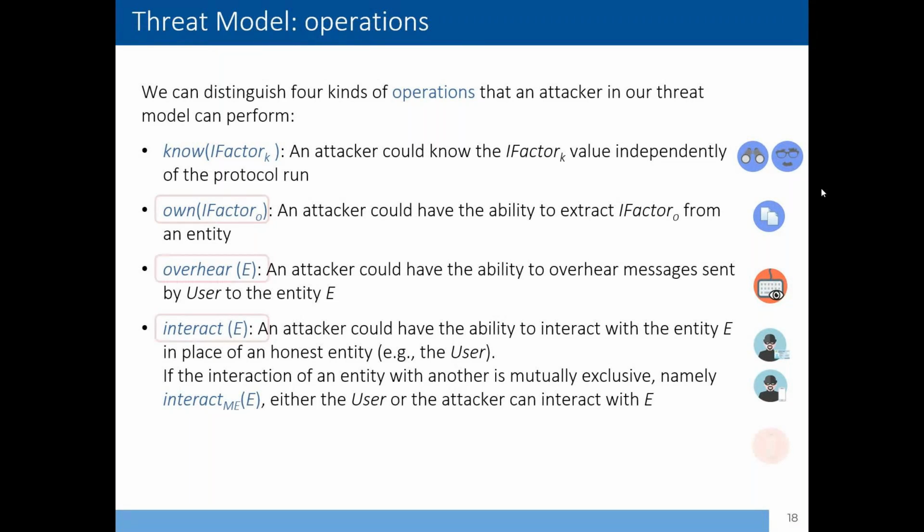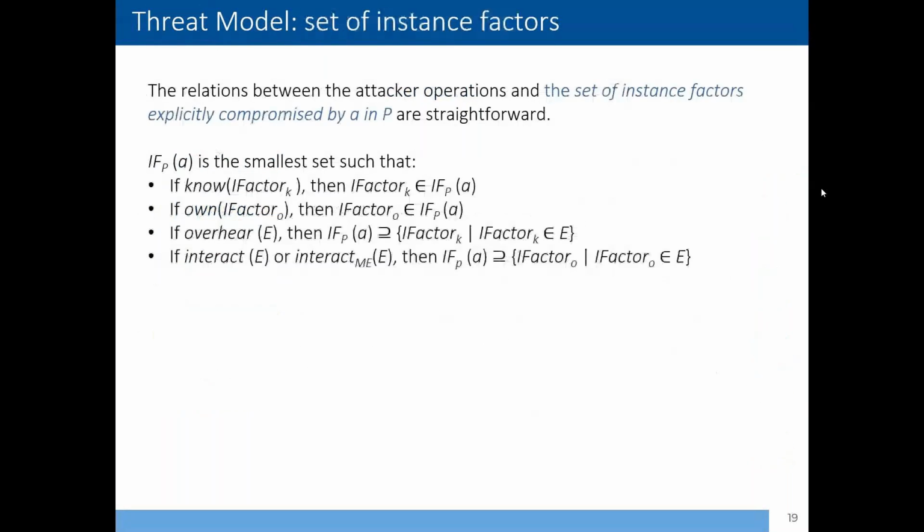But in general, it could be also the case of a malicious application that interacts with the other application on the smartphone, or for example, with the smart card that is put near the phone. Okay, so given these operations, we can derive the set of instance factors that are explicitly compromised by an attacker in a protocol.